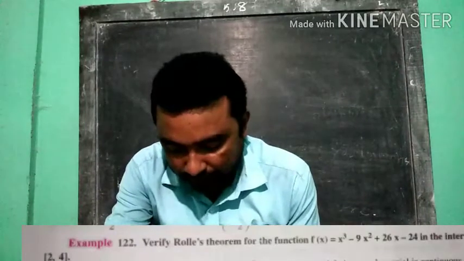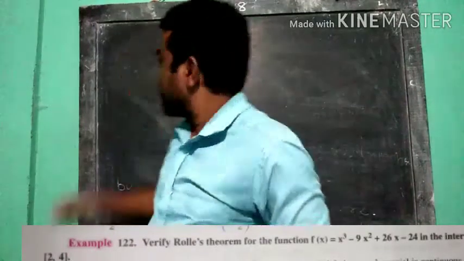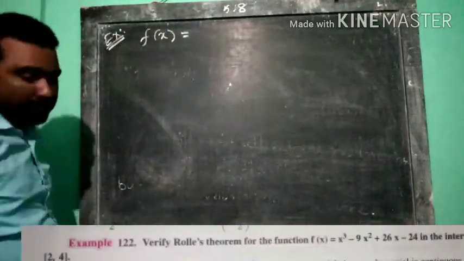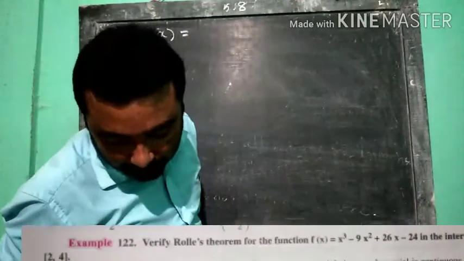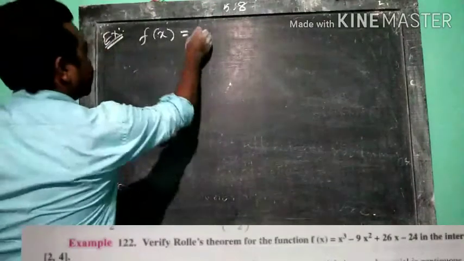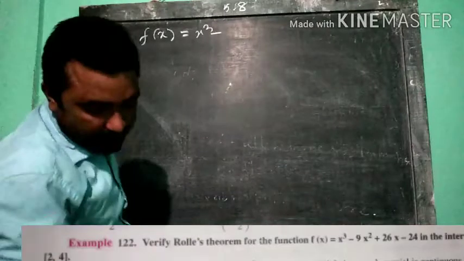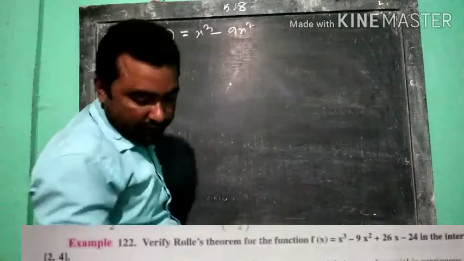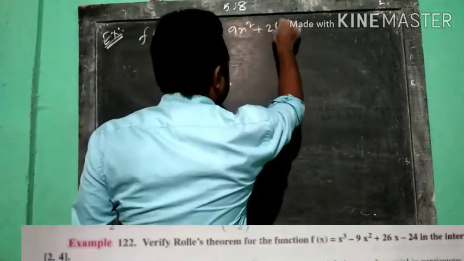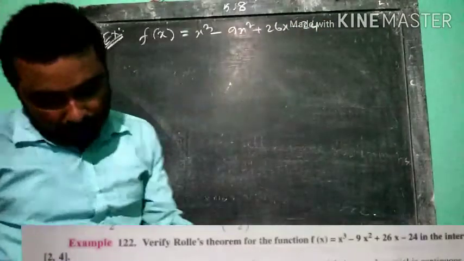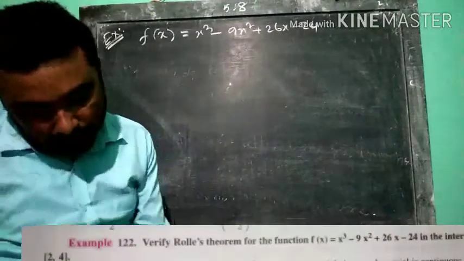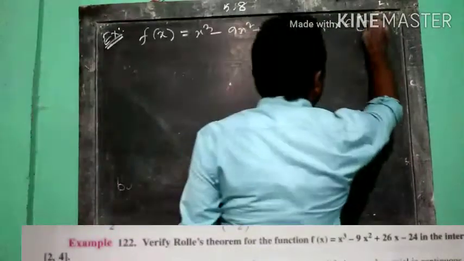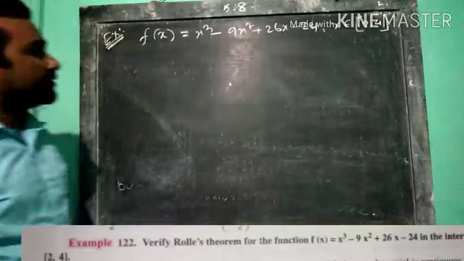To verify Rolle's theorem for the function f(x) = x cube minus 9x square plus 26x minus 24, where x belongs to the interval 2 comma 4.